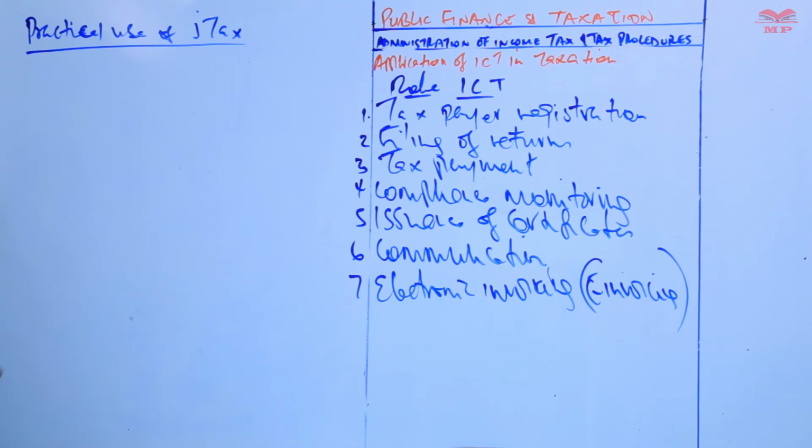Now, the most direct and frequent practical application of ICT for taxpayers is using the iTax portal to file their tax returns. The process generally involves various steps, although specific details may vary slightly depending on the type of return. It could be income tax for individuals, income tax for companies, VAT return, PAYE, and so on.